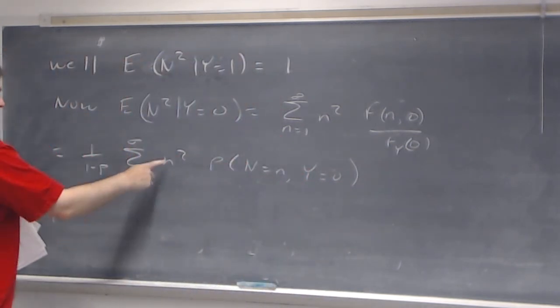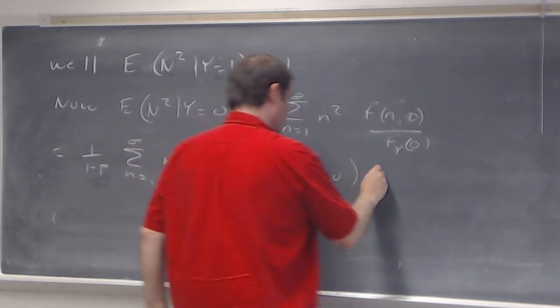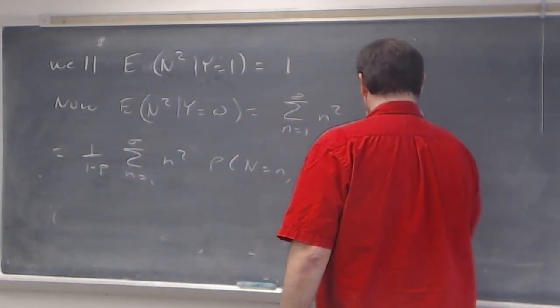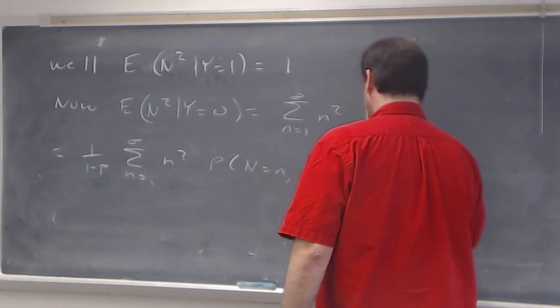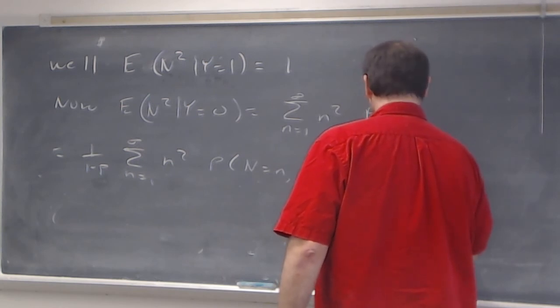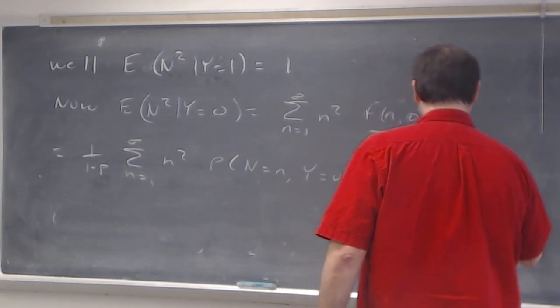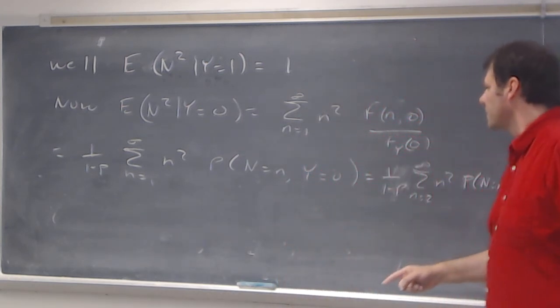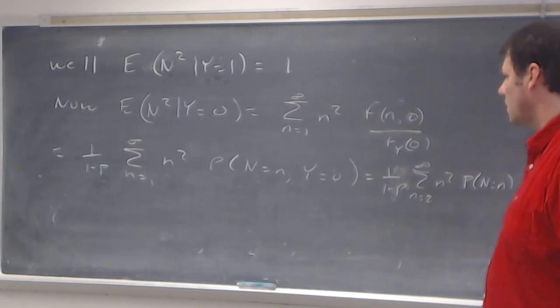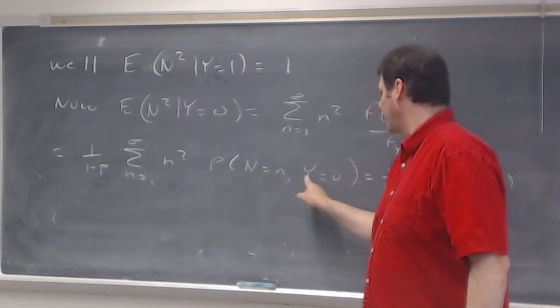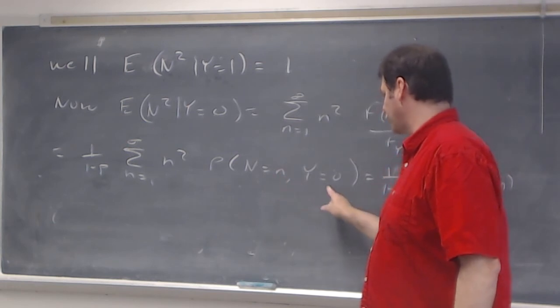Again, when n is equal to 1, we're not going to get anything. So this ends up being 1 over 1 minus p out front, sum as n runs from 2 to infinity of n squared times the probability that N is equal to n. When n is equal to 1, the chance that we got a success on the first one and that Y was equal to 0 is nothing.